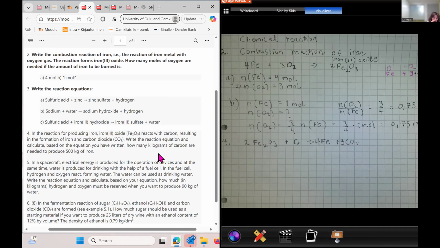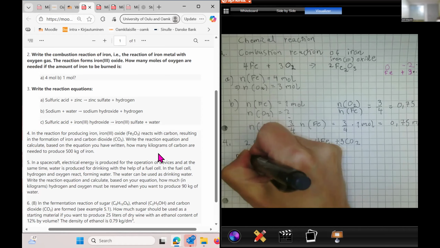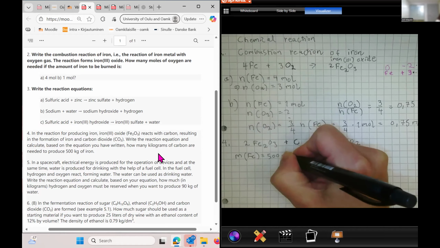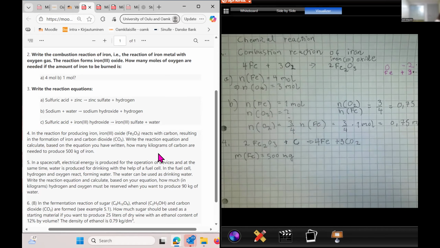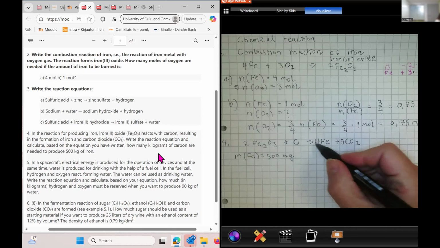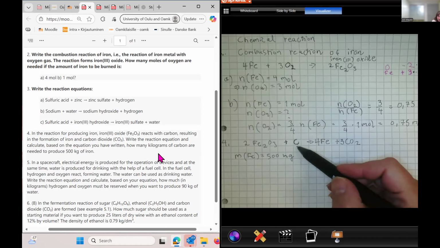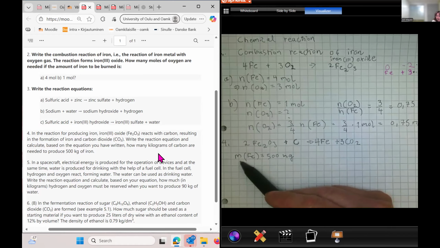So then I would know that I want 500 kilograms of iron, which means that my mass of iron, the pure iron, is 500 kilograms. Now for this, to know how much carbon I need, I need to know the amount of substance for this.